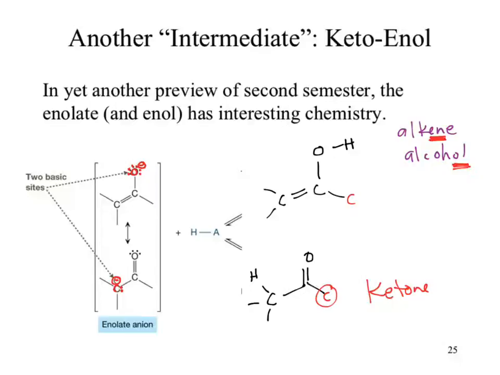So where's the most reactive atom in both those structures? The oxygen. Why are you saying the oxygen is the most reactive? It's the most electronegative. We might say the pi bond, or the alkene, but the alkene doesn't show up in both. It's really just the oxygen.